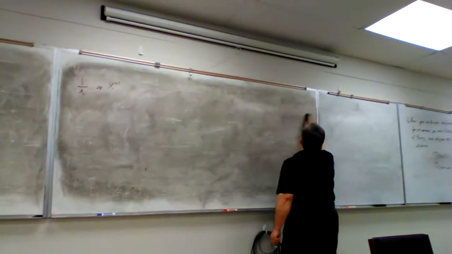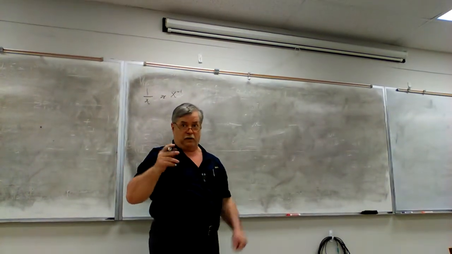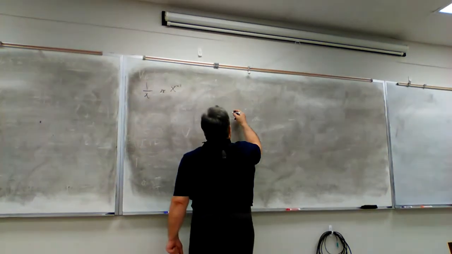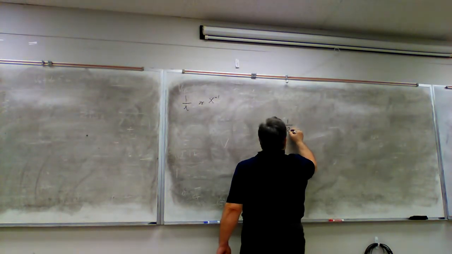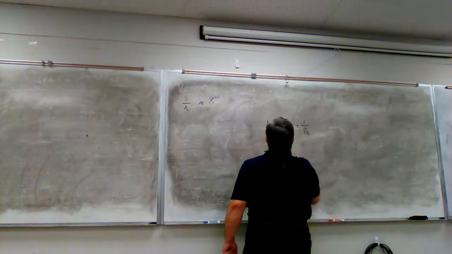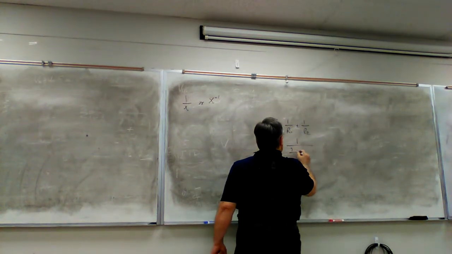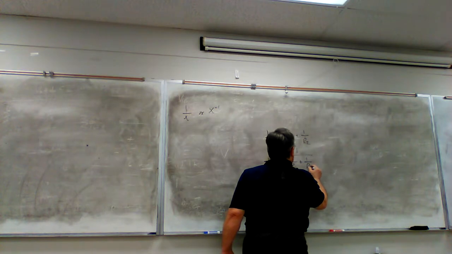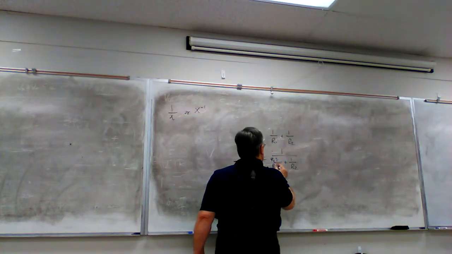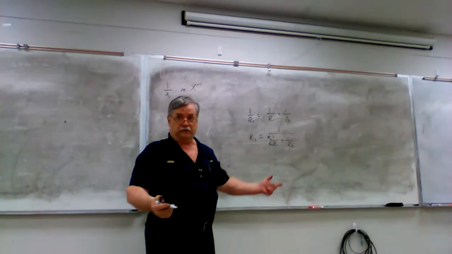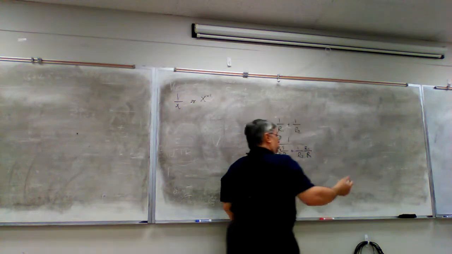If you have studied electronics, you've no doubt been told that in the special case of only 2 resistors in parallel, you can combine them by multiplying this one by R2 over R2, which is just multiplying by 1, so you don't change anything. This one you multiply by R1 over R1, which is also multiplying by 1.